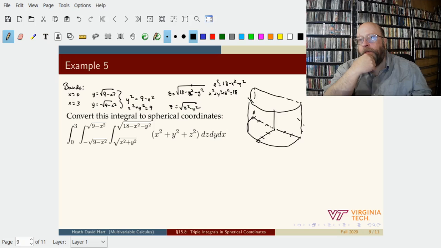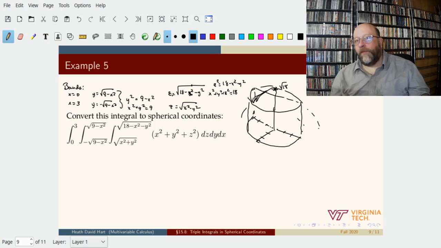So what we have here is a sphere with a radius of square root of 18 that would extend outside this cylinder here. It would keep going. But the top is going to be this sphere.